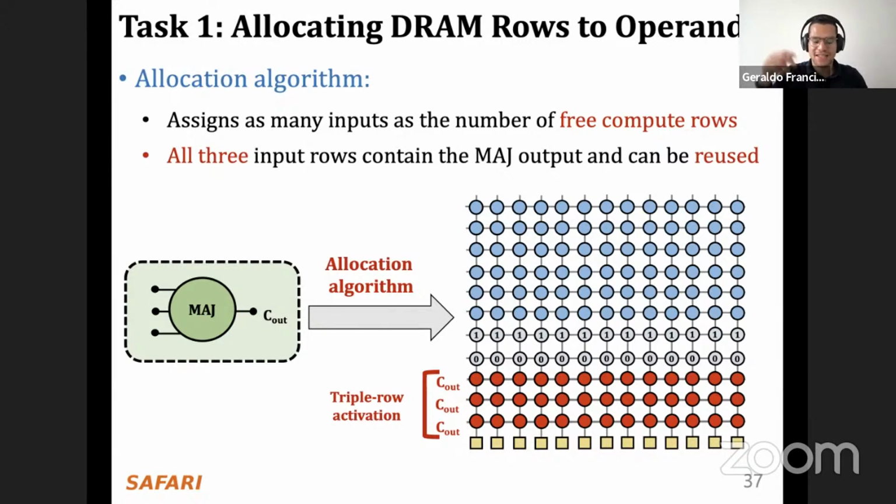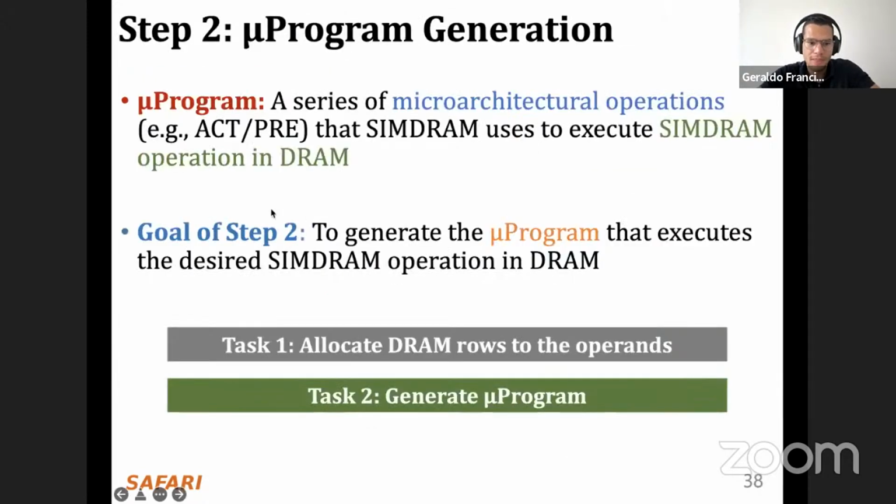So if the carry out here is the input for the next part of the addition computation, we can reuse each one of those 3 DRAM rows for the next phase of the computation. So we don't need to allocate new rows for the following inputs of the operations. In our paper, we have a description of these algorithms in detail. So again, if you have any questions about that, I invite you to check the paper.